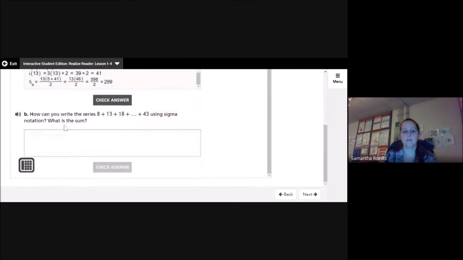Okay. How can you write the series 8 plus 13 plus 18 up to 43 using sigma notation? What is the sum? So I know that my last term in the sequence, a sub n, equals a sub 1 plus d times n minus 1.